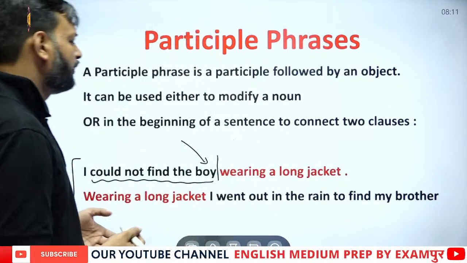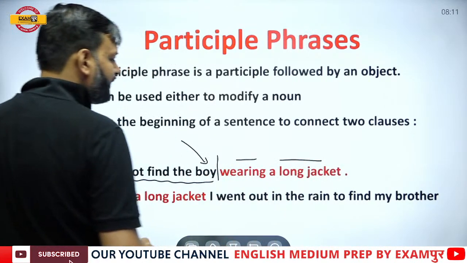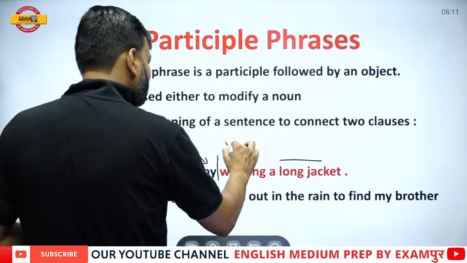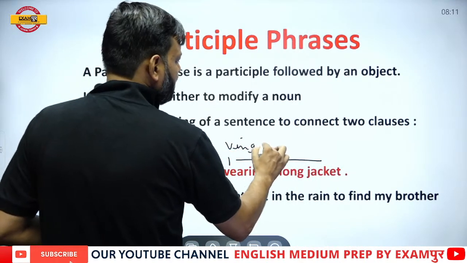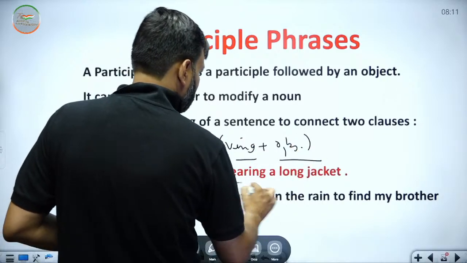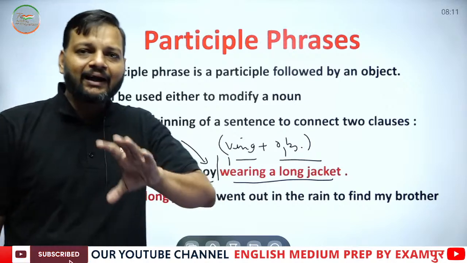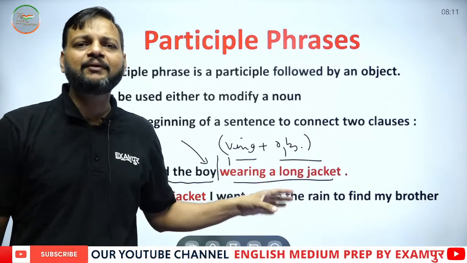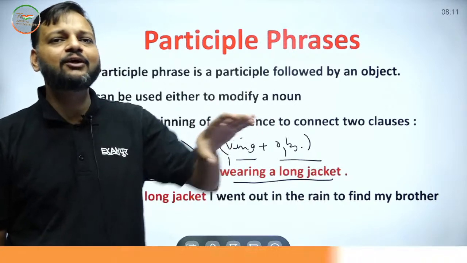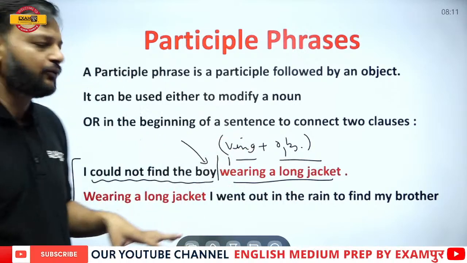The next part is wearing a long jacket. Wearing is a present participle and it is followed by an object, so this is a participle phrase. Wearing a long jacket, participle phrase. In this sentence, the participle phrase is modifying the noun, or we can say it is the identity of the noun, right?